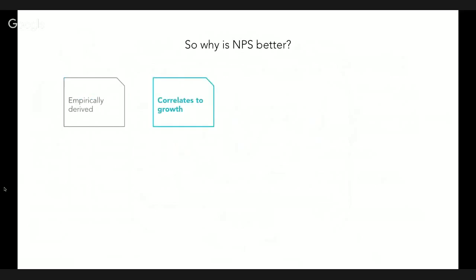Additionally, it is the one metric that correlates to growth. For people who are interested in learning more about how this correlation is arrived at, I would urge you to get a copy of the HBR article, which was the introduction to the NPS, The One Number You Need to Grow. Get it from HBR, and I would urge you to read through that.